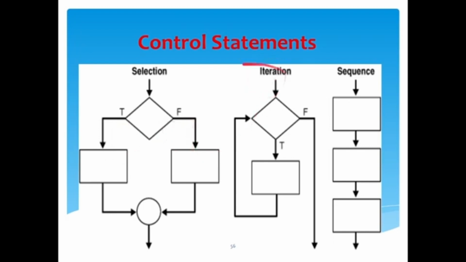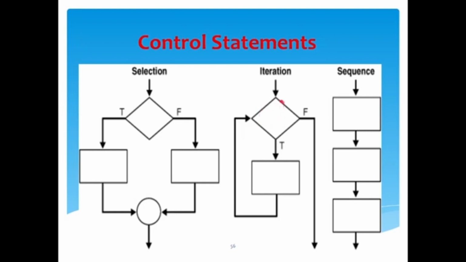Okay, and what is iteration? Iteration is nothing but, for a condition, if that condition is true, this statement will get executed. Again, the control will move to the next iteration, nothing but next incremental condition. We will be learning in the further part. Nothing but it is like a repeating process.